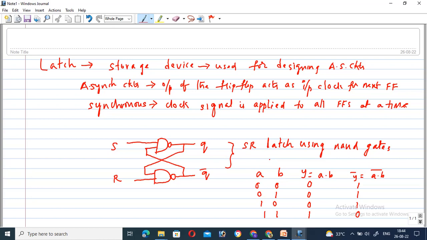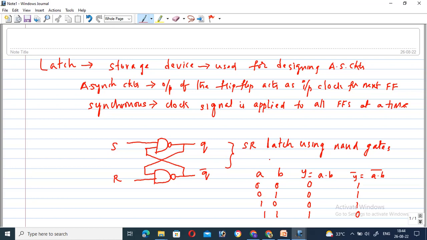Now, what is the use of a flip-flop? What is meant by a flip-flop? A flip-flop is nothing but a clocked latch. Okay, a clocked latch is generally called a flip-flop. We need to control the input, so a clock is needed.